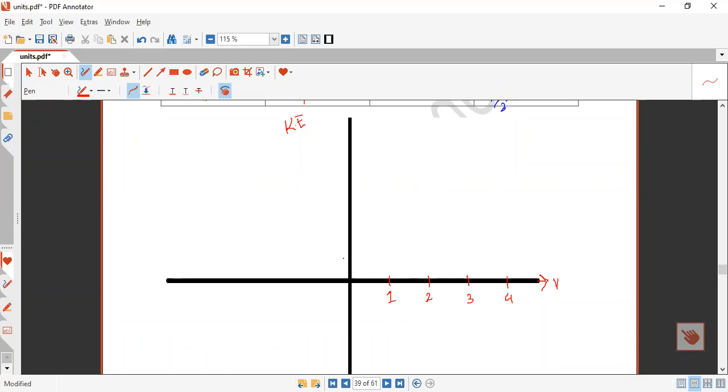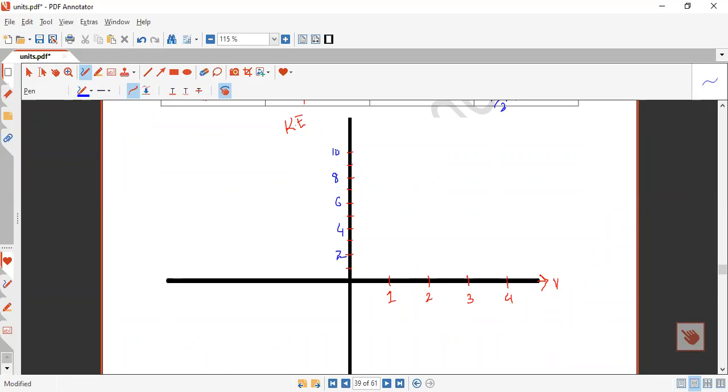Right, and kinetic energy values are like, let's say, students, values are 2, 4, 6, and 8, and 10. So let's see what happens, right?